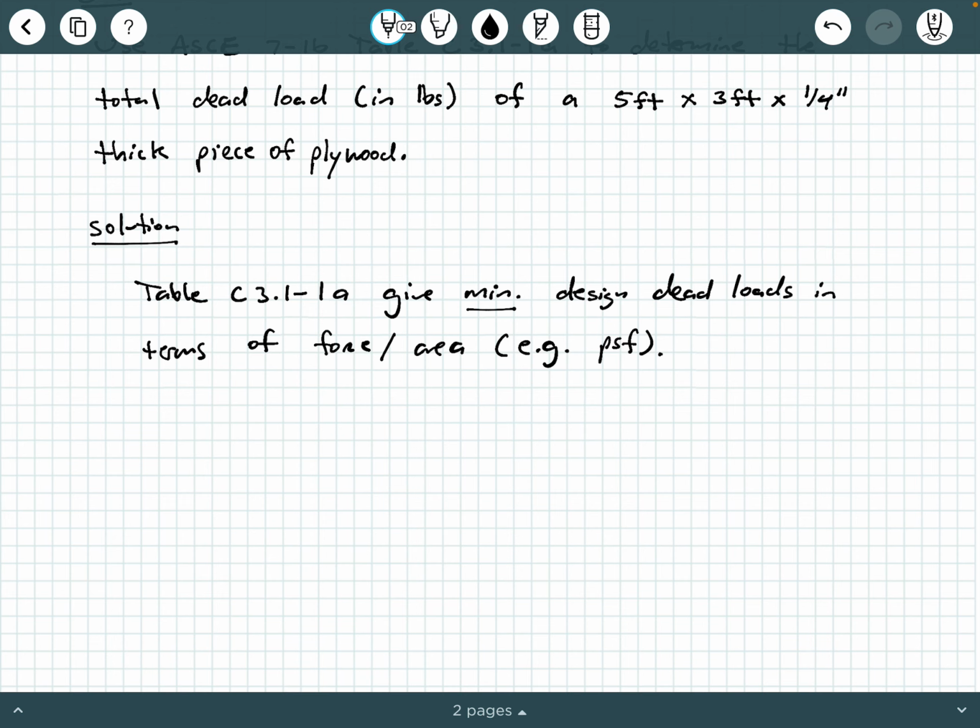So let's explore this a little bit more. When you have trouble visualizing something, draw it out. A piece of plywood is a rectangular flat piece of wood. Whenever you are not given a figure in your problem statement, sometimes you may have to draw one yourself.